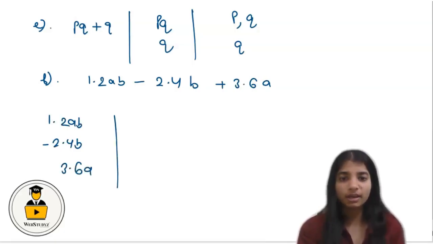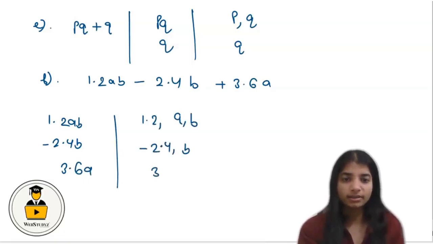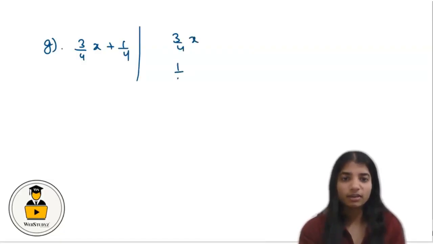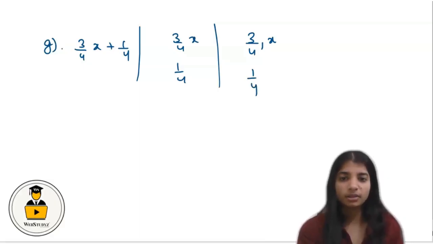Its factors are 1.2, a, b; minus 2.4 and b; and 3.6 and a. So this is the answer to part F. Now part G is 3 divided by 4 of x plus 1 divided by 4. This is our expression. The terms are 3 divided by 4x and 1 divided by 4. The factors are 3 divided by 4 comma x, and for the second term, 1 divided by 4. So this is the answer to part G.